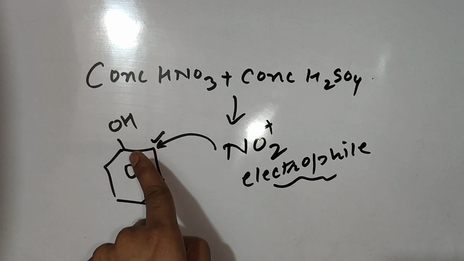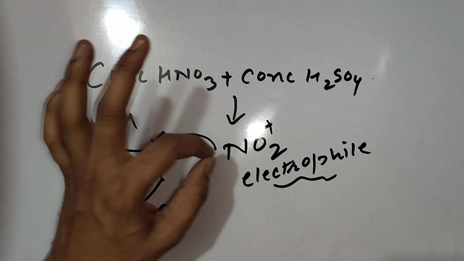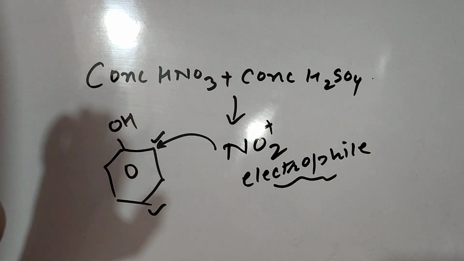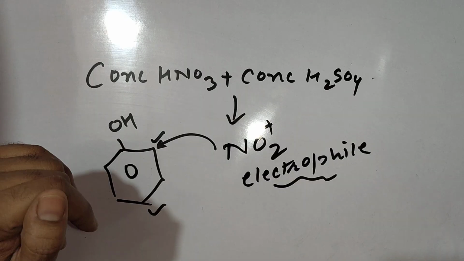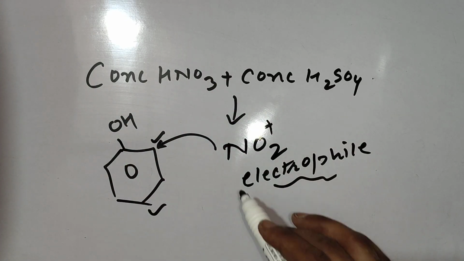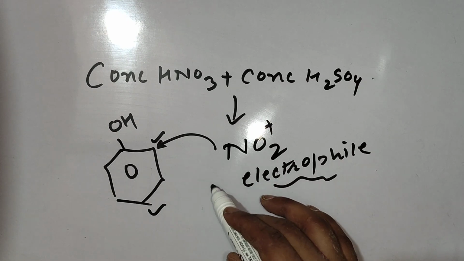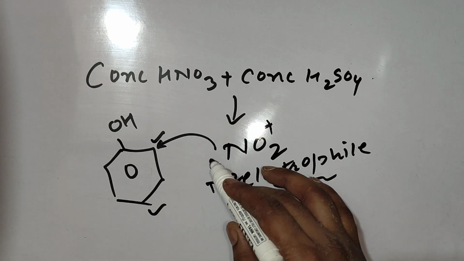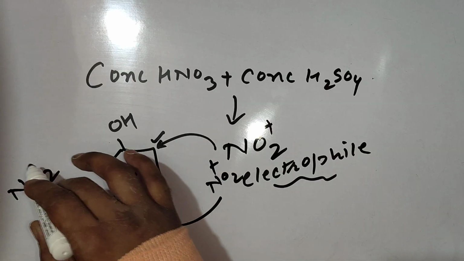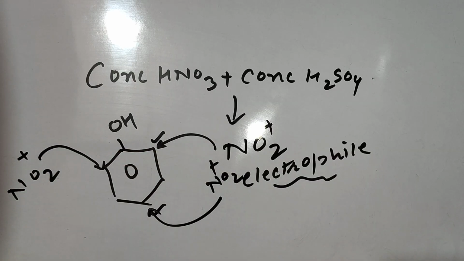Like this, suppose it is attacking at the ortho position. How it is added at the ortho position is already discussed in the mechanism of previous videos. Only the point is you have to use it 3 times. Once you have added here, one more nitronium ion will be added at the para position and one more nitronium ion will be added at the other ortho position. Same mechanism. Please check that mechanism.